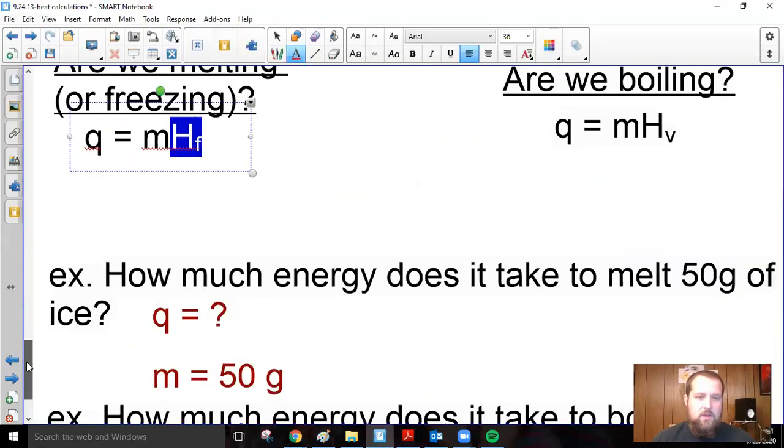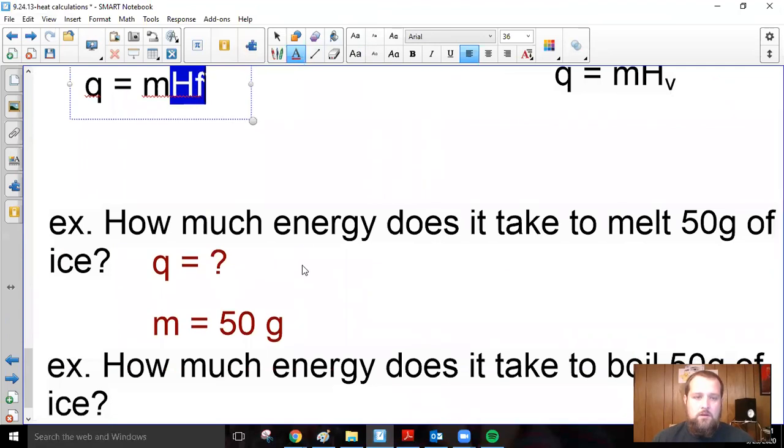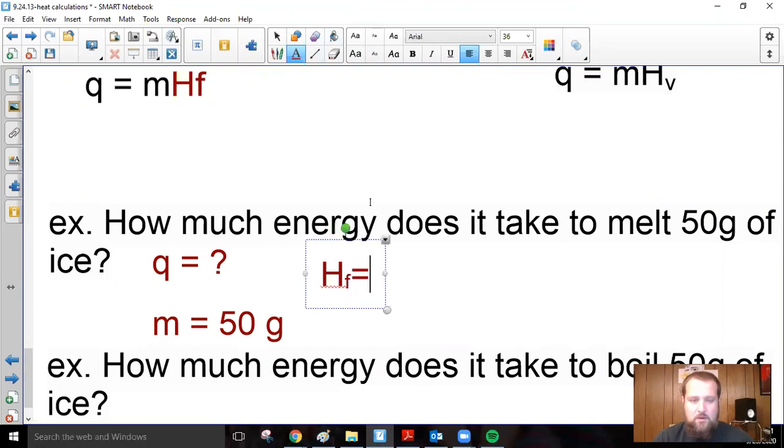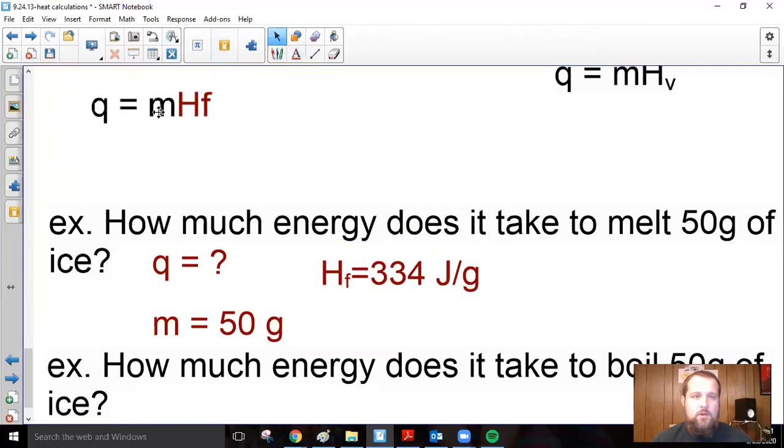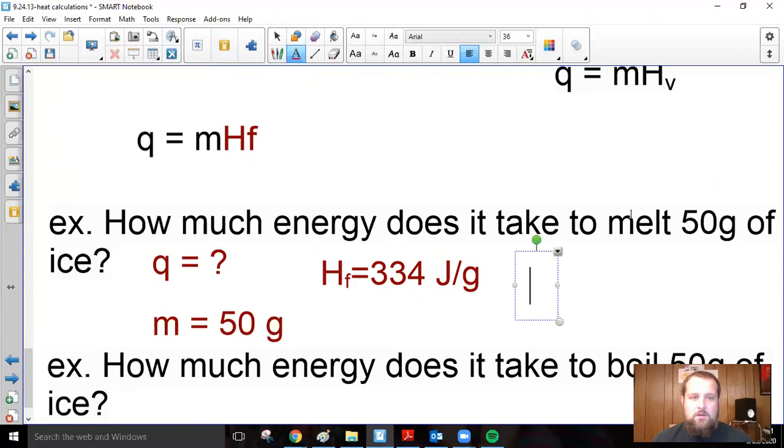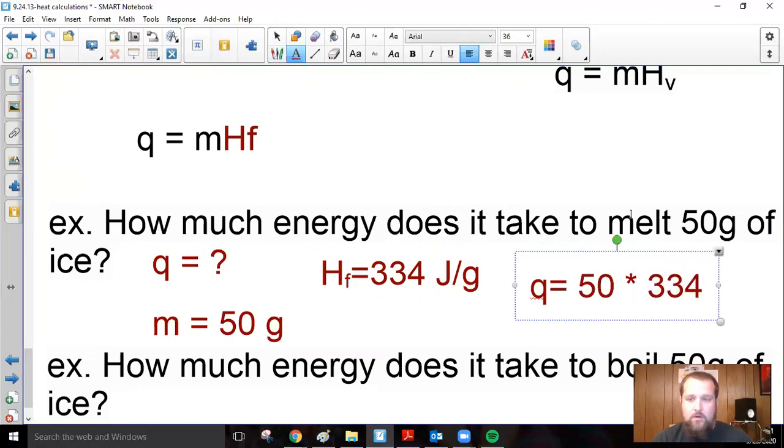Let me just make a note of that. My heat of fusion is 334 joules per gram. And now I just plug that into this formula here. I'm going to leave my unknown as Q. Q equals the mass, which is 50, times the HF, which is 334.